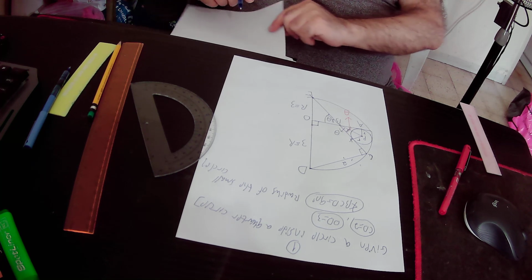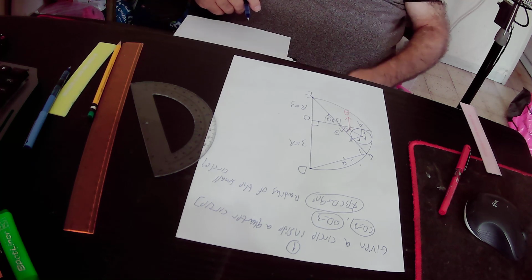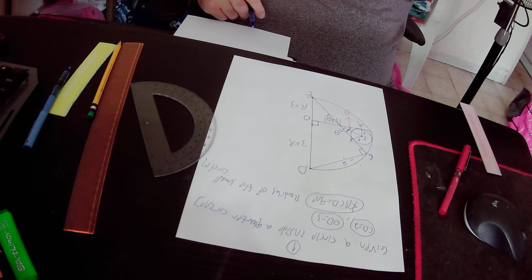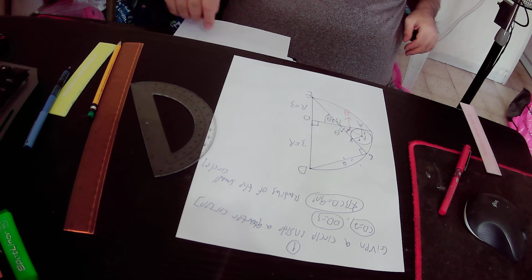We have the rule that the sum of the angles on a straight line is equal to 180 degrees.